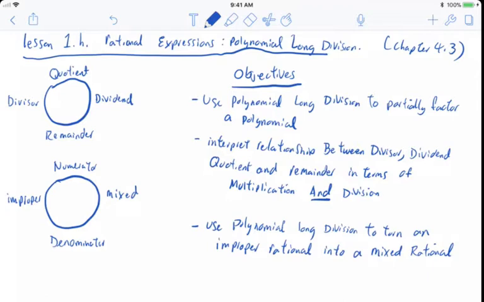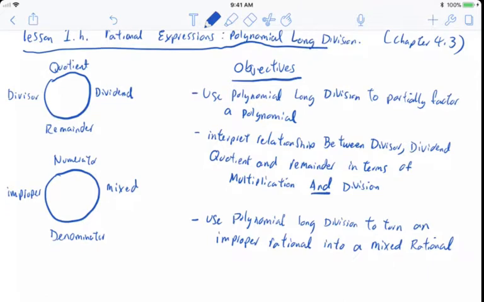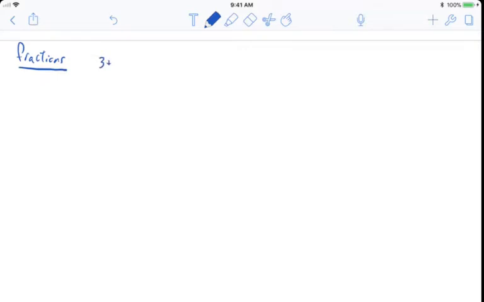Okay, let's talk about how to do that by introducing our friends, fractions. So long story short, 3 plus 1 over 4 is the same as 13 over 4.